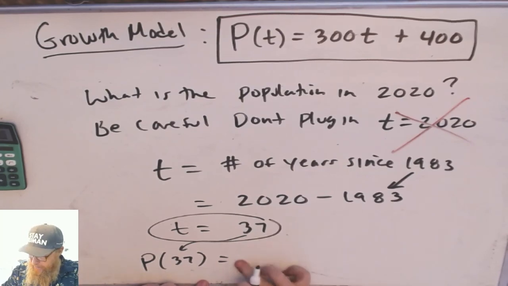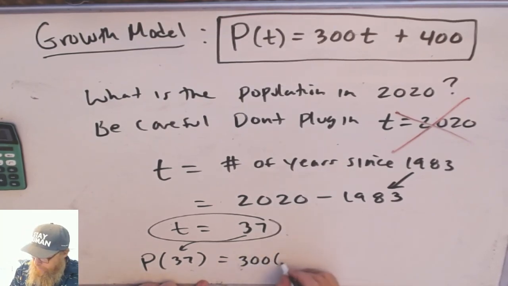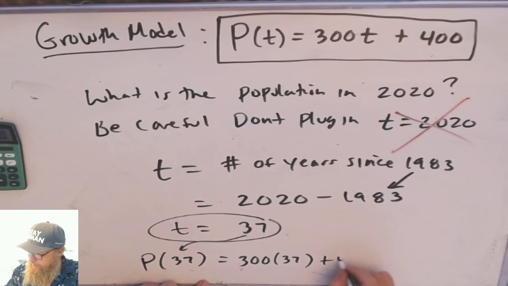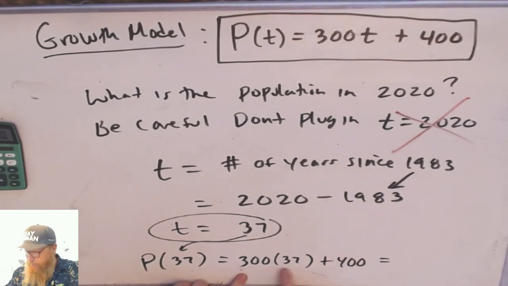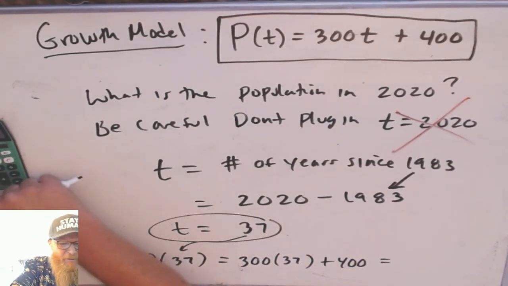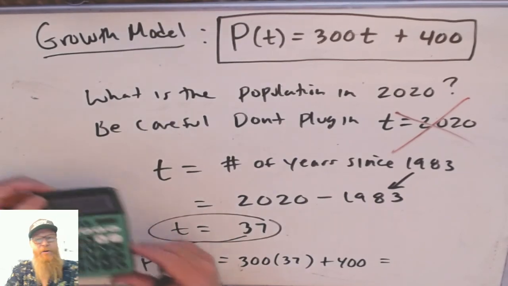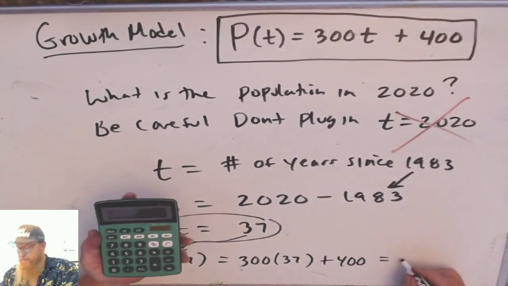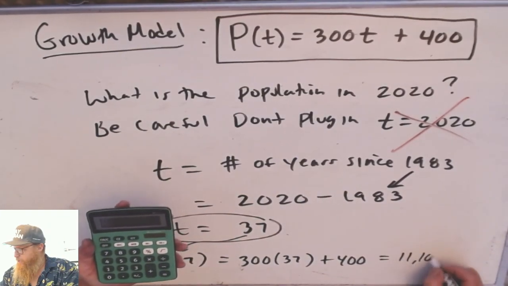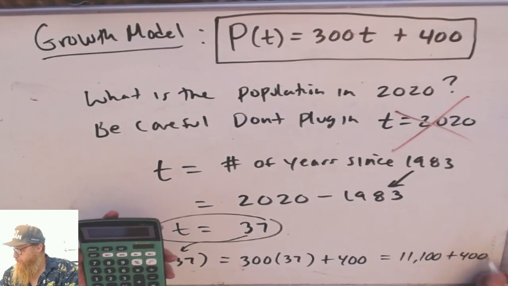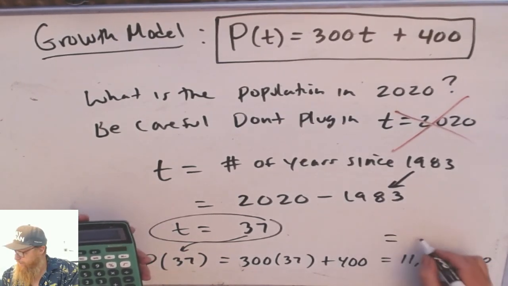All right, so the population is growing by 300 people per year for 37 years. So I multiplied. That gives me 11,100 plus the original 400 people that live there.